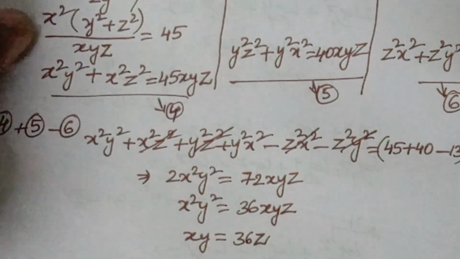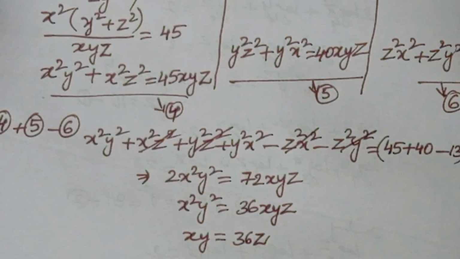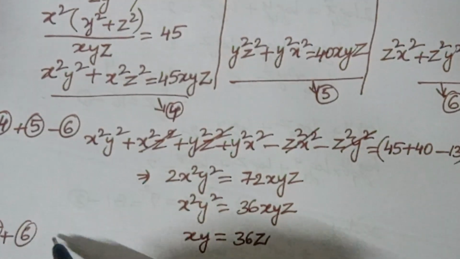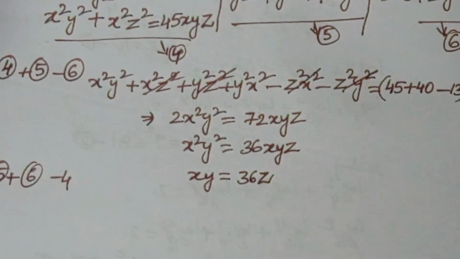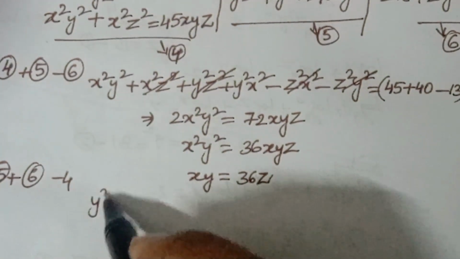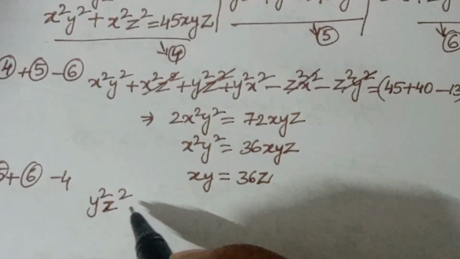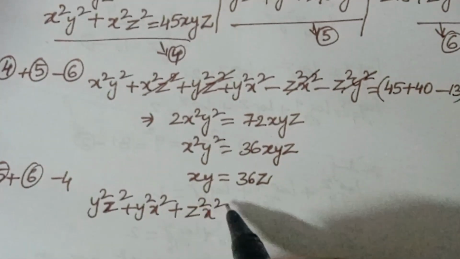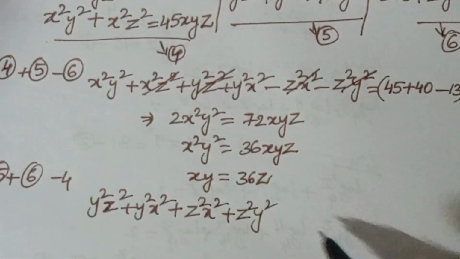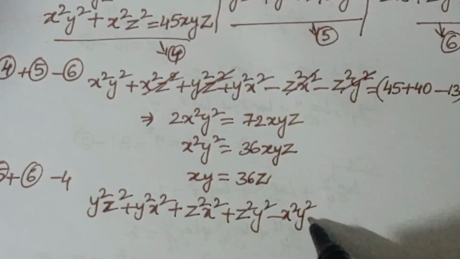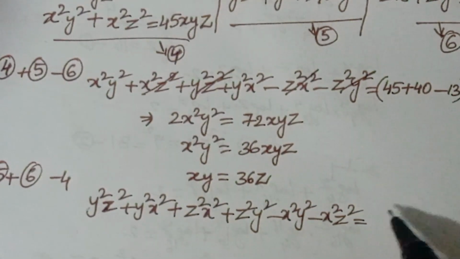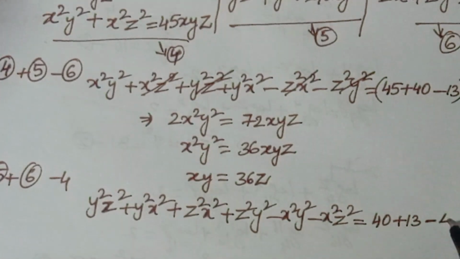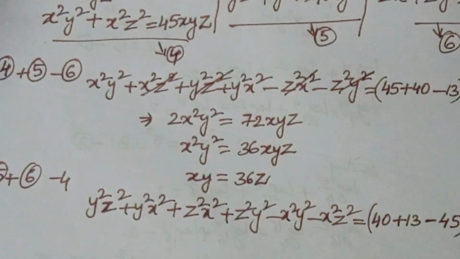In a similar way, take 5 plus 6 minus 4. 5 plus 6 means y square z square plus y square x square plus z square x square plus z square y square minus x square y square minus x square z square is equal to (40 plus 13 minus 45) xyz.